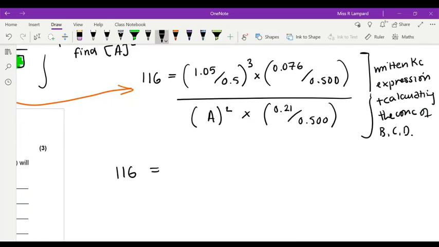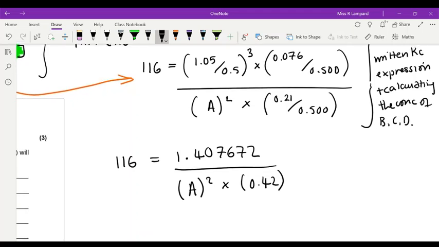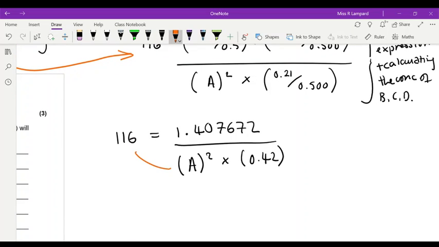So if I put these numbers into the calculator, and I did that separately, 116 is equal to, and I did this top line all together first, so that gave me a value of 1.407672 divided by, again, we don't know what A to the power of 2 is, multiplied by 0.42. So you might see now how I simplify the expression: I'd multiply 116 by A squared, so 116 times A to the power of 2 is equal to 1.407672.